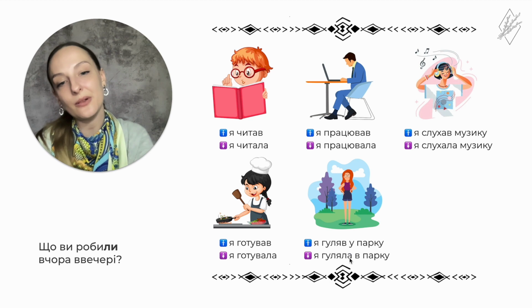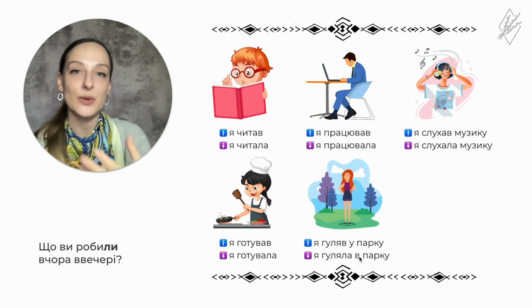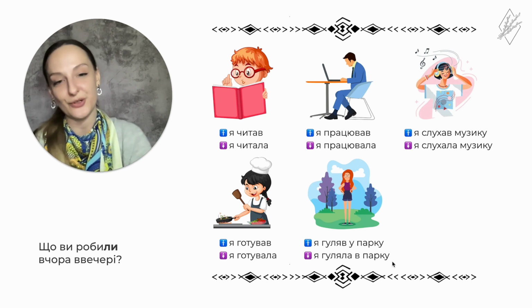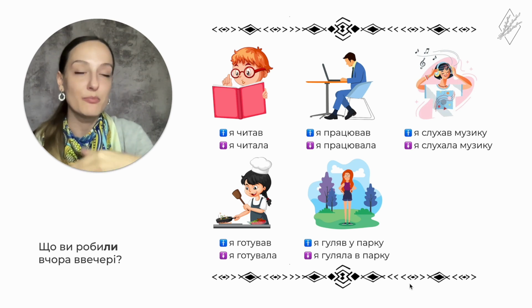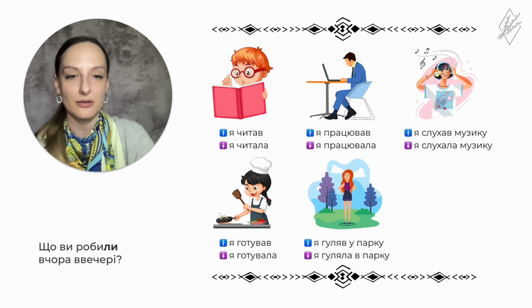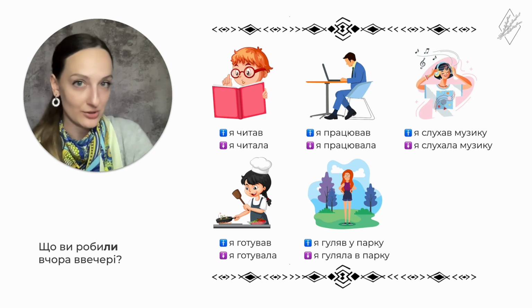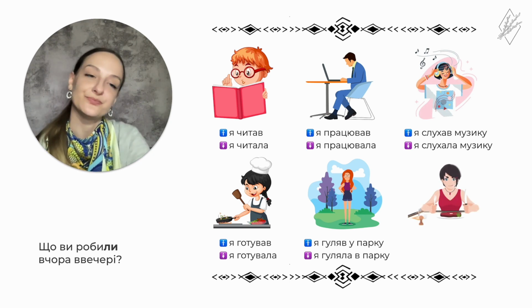If it's a vowel, we normally would use в, which is a consonant. This way, language sounds more melodic. That is why different prepositions. But it won't be a mistake, a rude mistake, if you use у in both situations or в in both situations. Okay, and the last action.